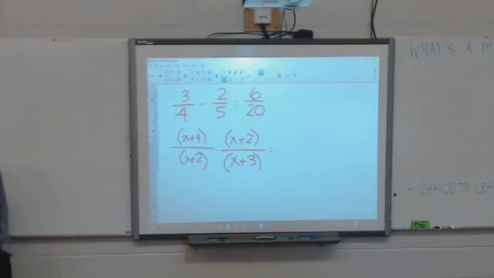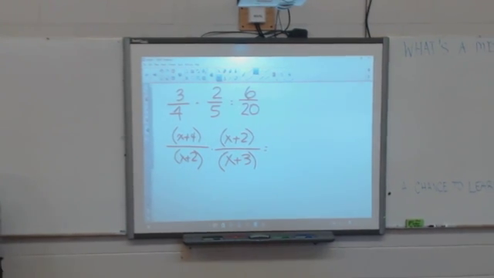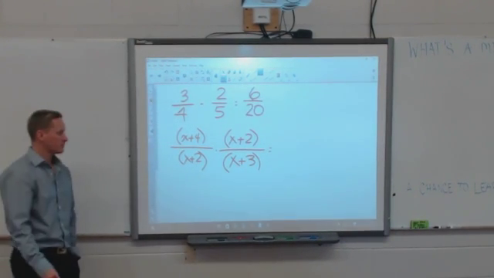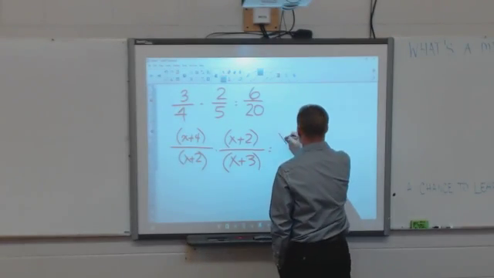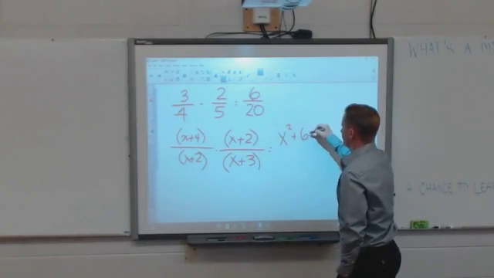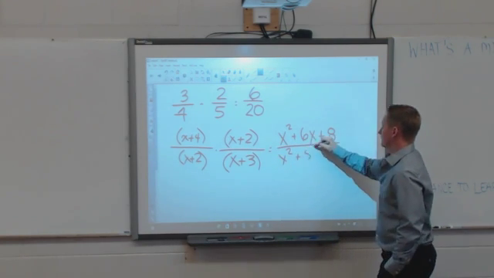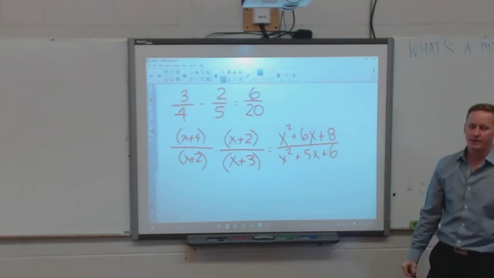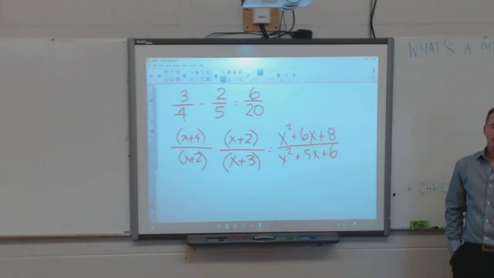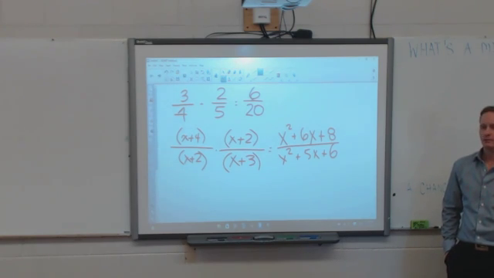Okay, multiply those now. X squared. X squared plus 2x. Now reduce it. I can, but reduce it. It could be x plus 2. What is it? X plus 2.